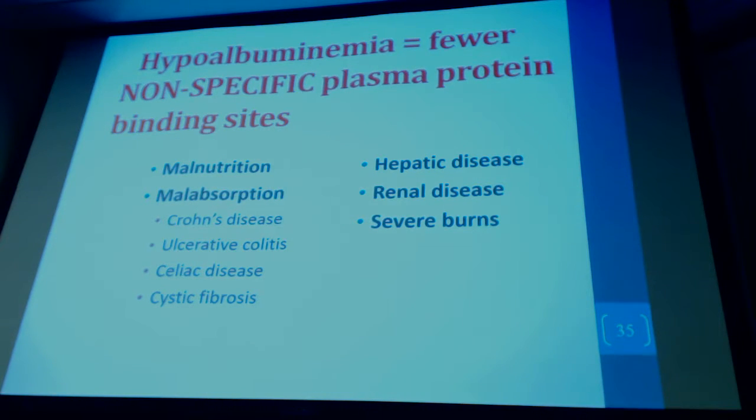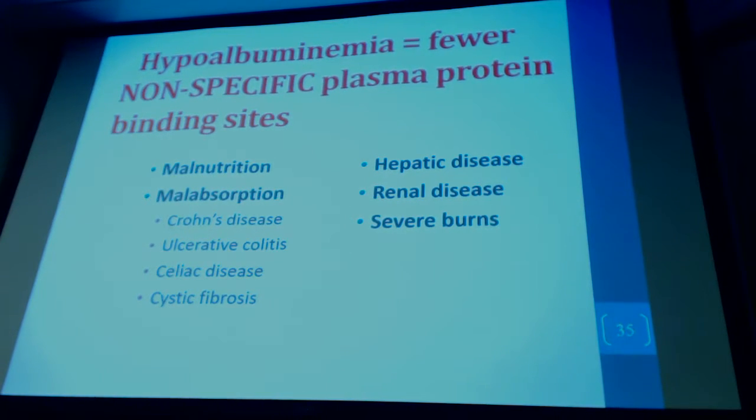They may have malnutrition. They may have intestinal disease where they can't absorb that protein from their food. They may have liver disease. Your liver makes albumin. If they have cirrhosis or hepatitis, they're not making as much as they should.